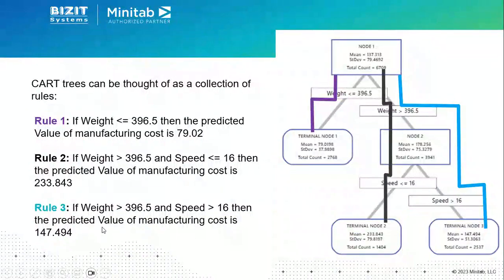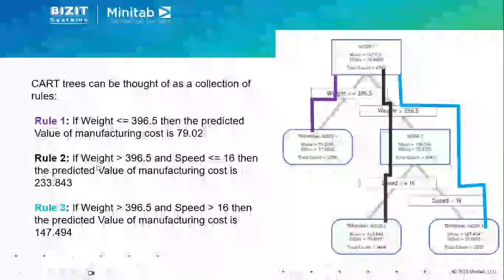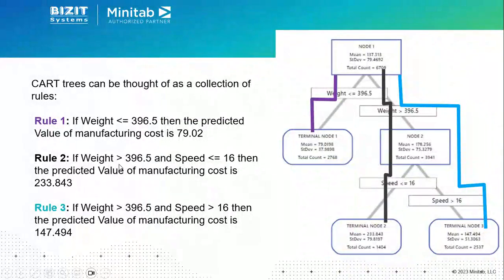From these three terminal nodes, if you look for the highest value of the manufacturing cost, it comes from when your weight is more than 396.5 and your speed is less than 60. Then you will get the highest value of manufacturing cost.